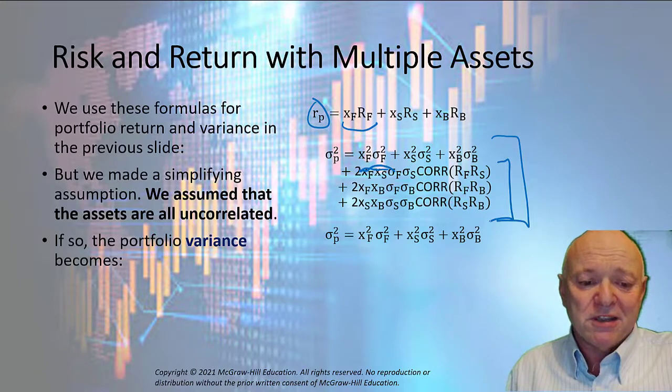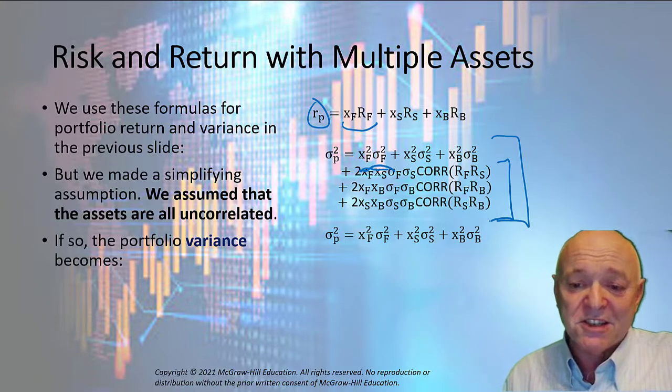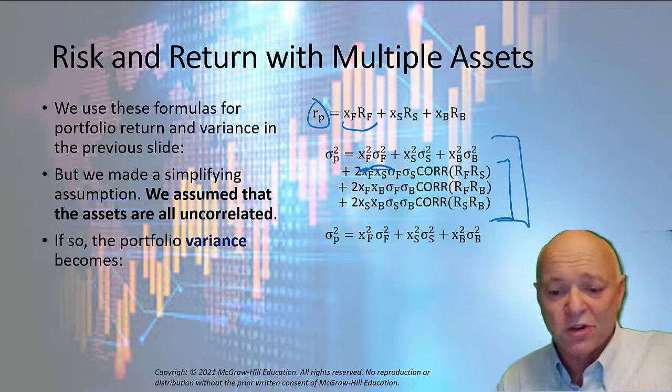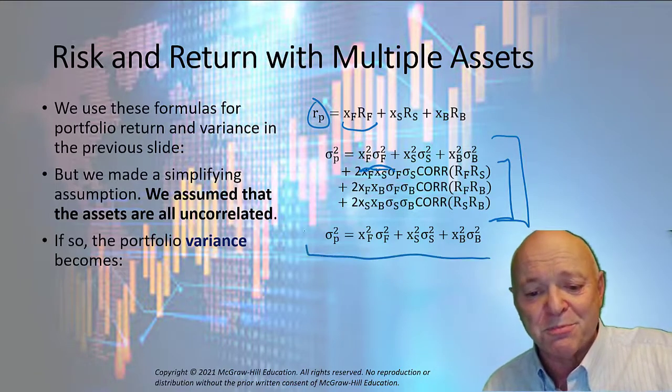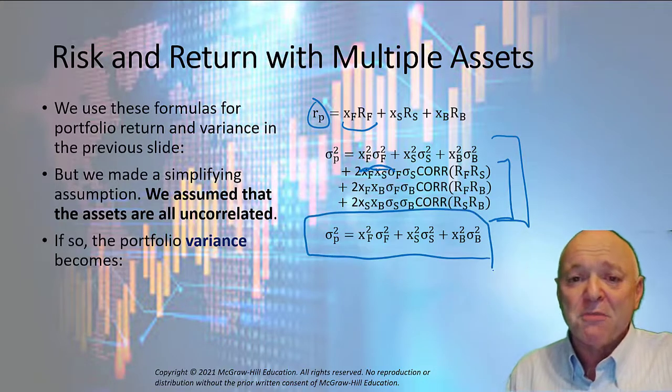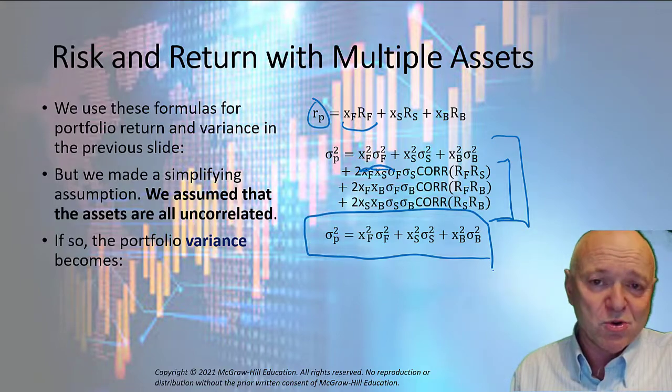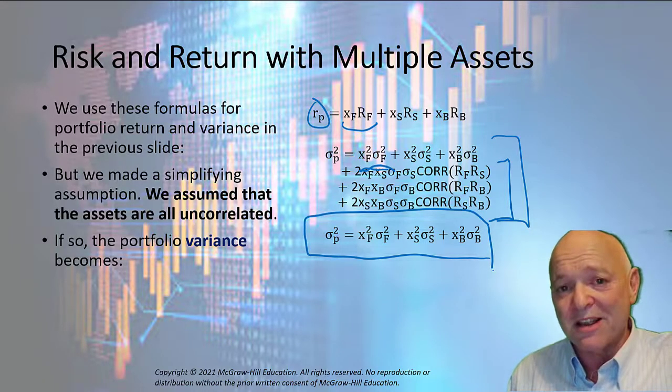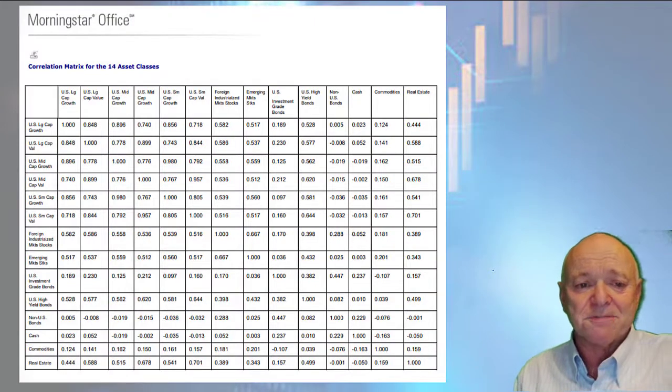Well, if we say that these assets are not correlated, if they have 0 correlation, then we could just use the simple version down here. But there's always going to be some kind of minor correlation, even for stocks that have very low correlation coefficients.